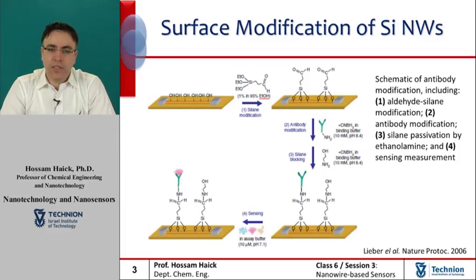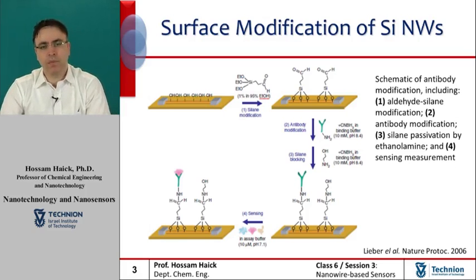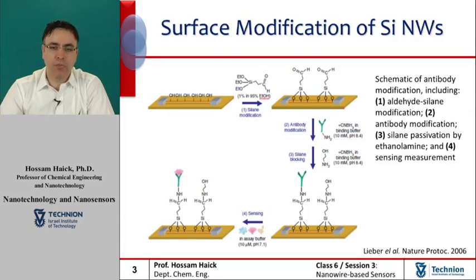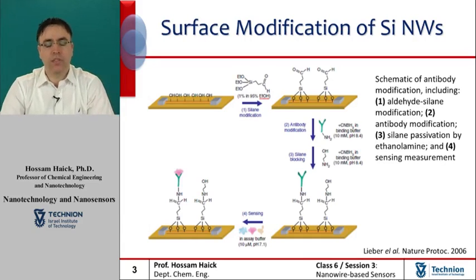A selective sensor can, in general, be configured from a silicon nanowire device by linking recognition receptor groups to the surface of the nanowire. A typical procedure for the preparation of molecularly modified silicon nanowire sensors includes first attaching a molecular film to the silicon nanowire surface.